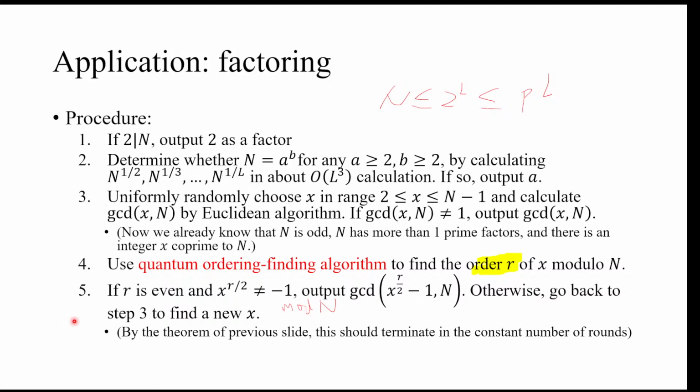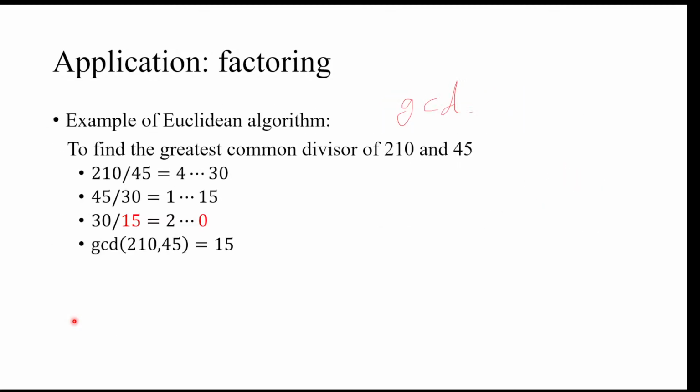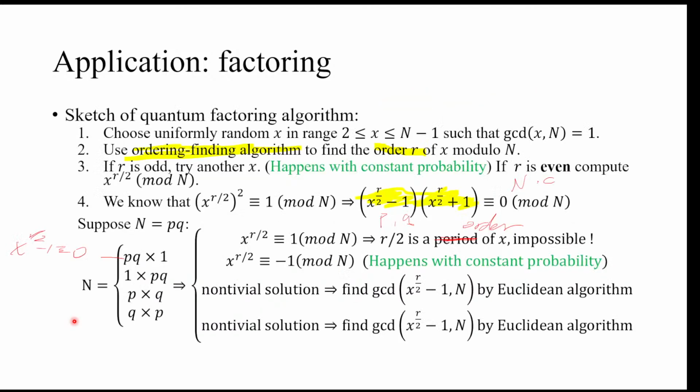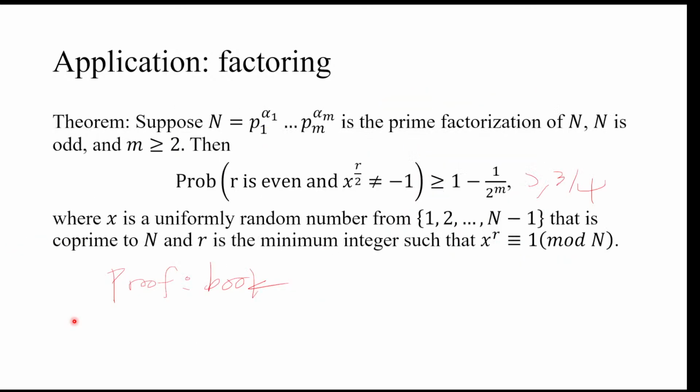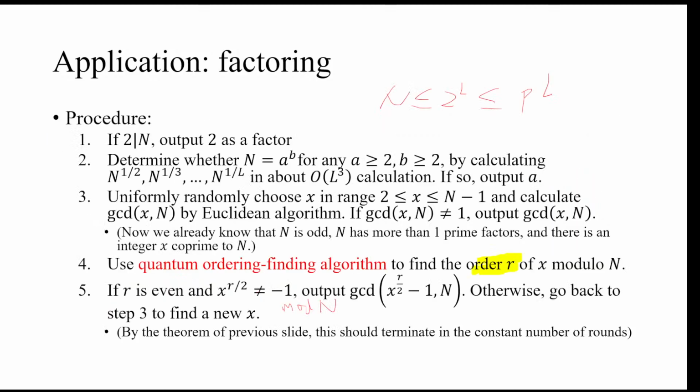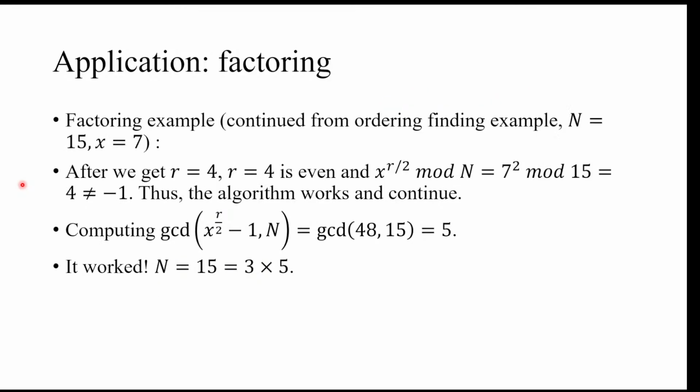Oh, I'm a bit forgetting why we need n odd. Probably here we also need n to be odd. So we want to bound the things, we need n odd here, and that is why we check n is odd on the first step, and it's really quick. Okay, so that's factoring, and I guess we can run through an example.